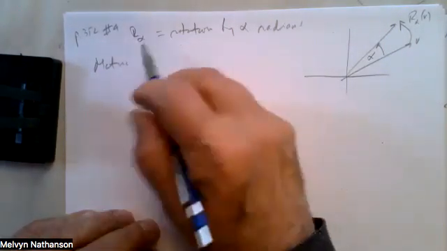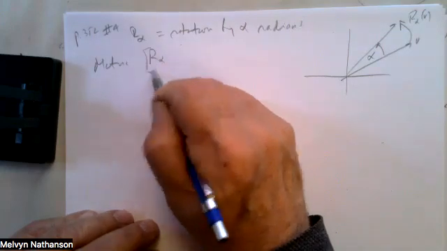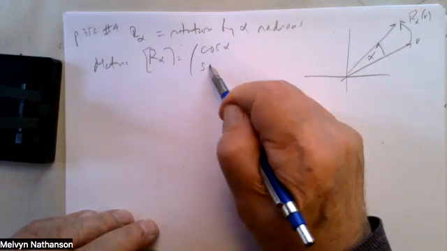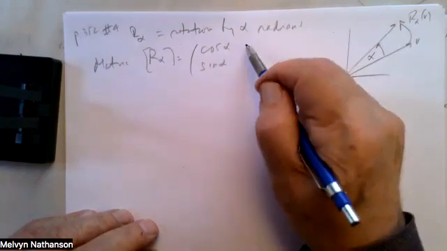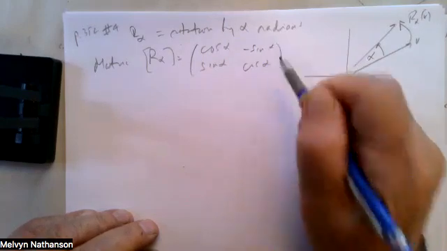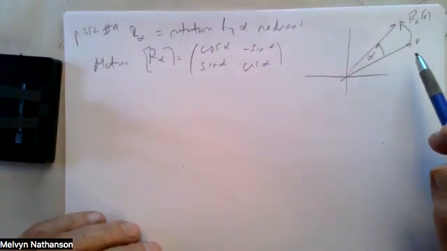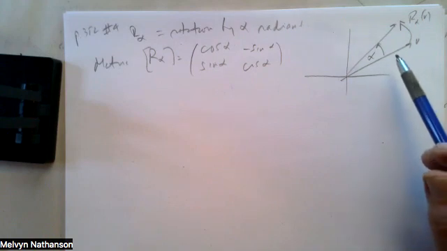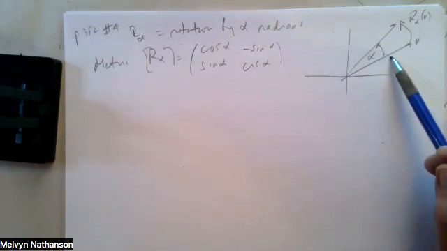This linear transformation has a matrix which is cosine alpha, sine alpha, minus sine alpha, cosine alpha. And since we're looking at eigenvalues and eigenvectors, we can ask for what rotations alpha there are eigenvalues and eigenvectors.